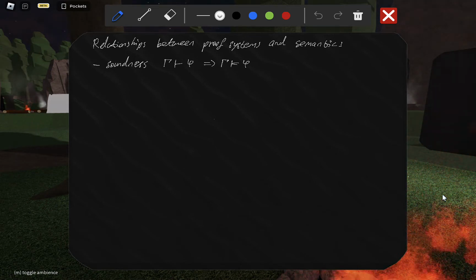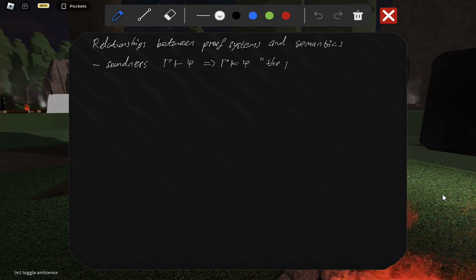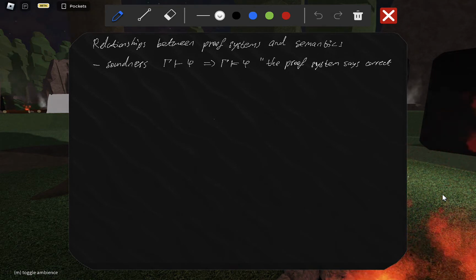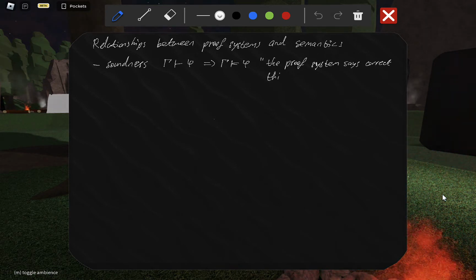Okay, great. And so I was claiming that the idea of this is that the proof system says correct things about the semantics.